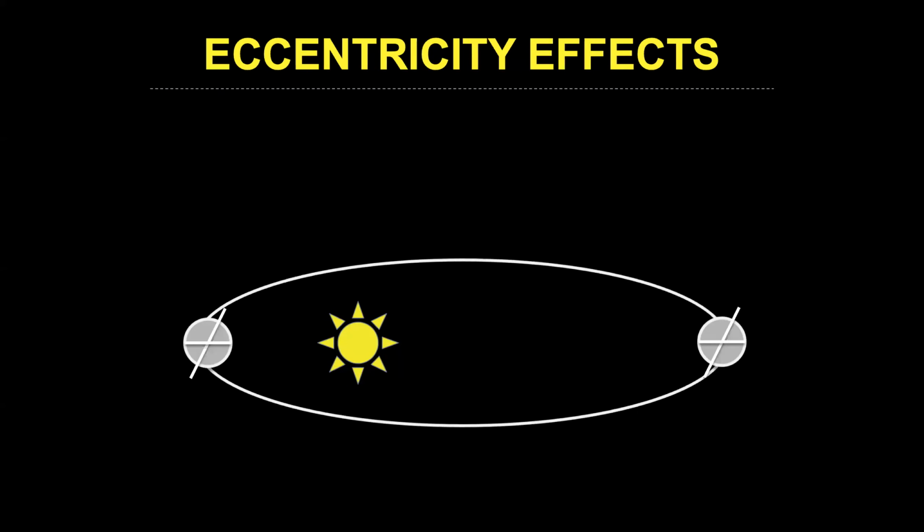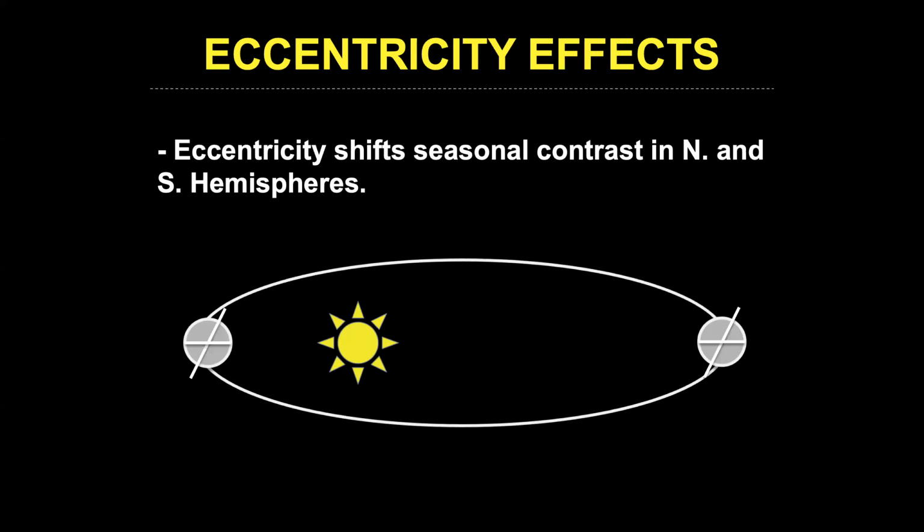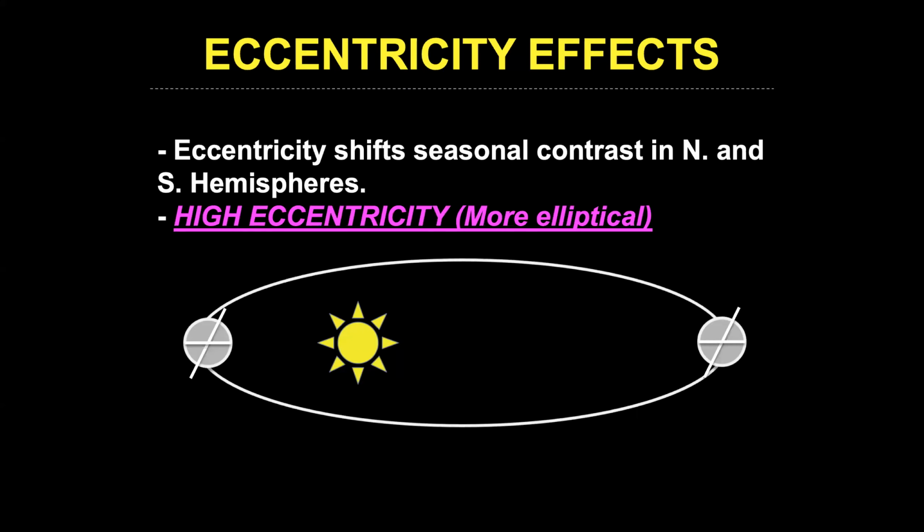Now, let's look at the idea of eccentricity effects. The eccentricity shifts seasonal contrast in the Northern and Southern Hemisphere. This is the reason it can have an impact on climate on a long-term scale. High eccentricity means the orbit is more egg-like, like a big ellipse.